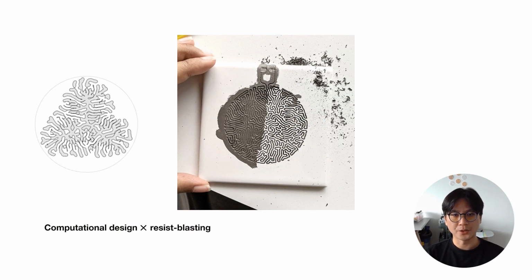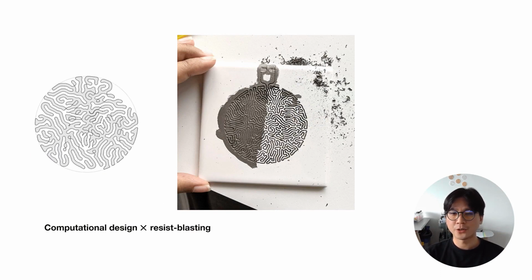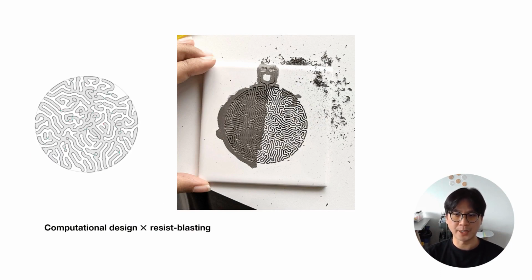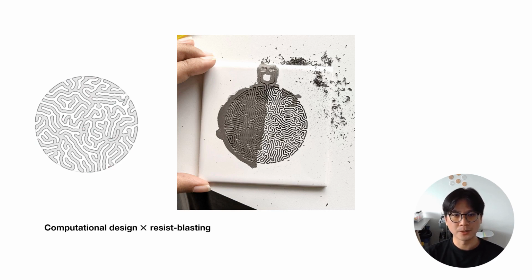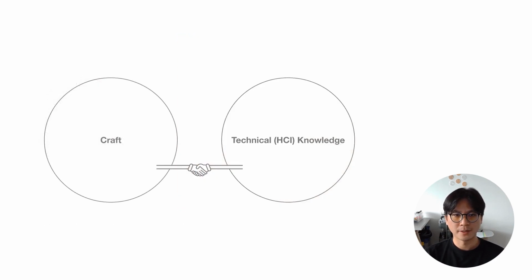We also explored using computational design to create patterns that were difficult to conceive manually, yet efficient to use with resist blasting. For Hans, he shared that he had not thought about systematically documenting his approach before, nor used computational process to create patterns. These revealed new opportunities within his own practice that he had not considered before.